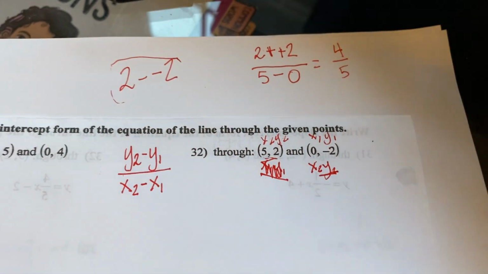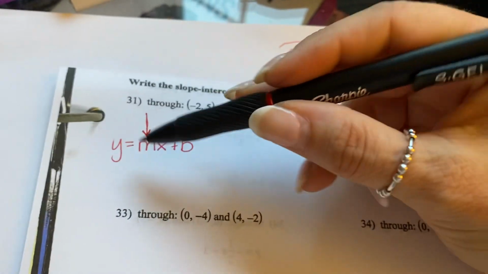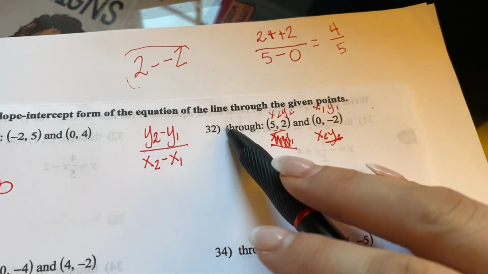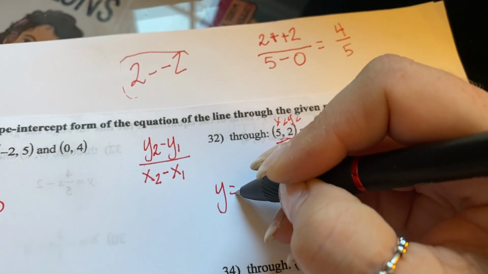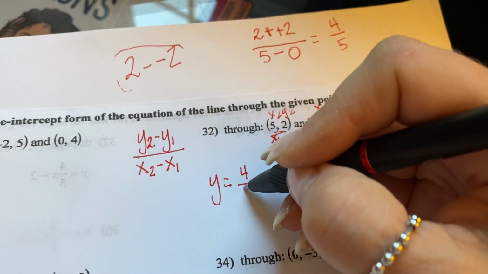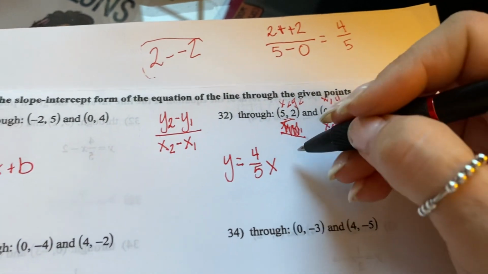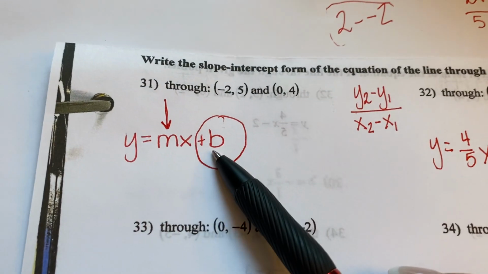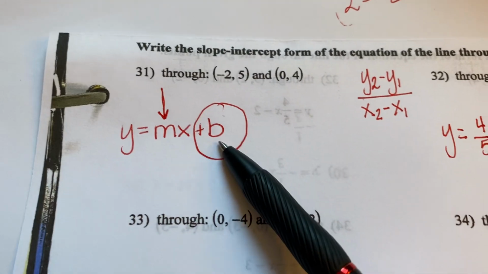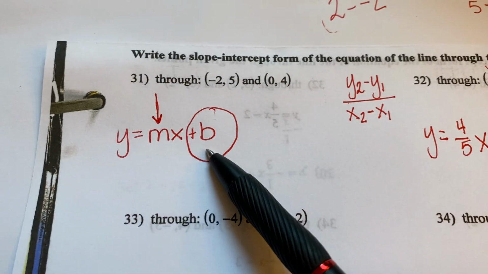So, this is my m. So for this equation, already I have y equals 4/5 x. Now I need this, and this is the y-intercept.